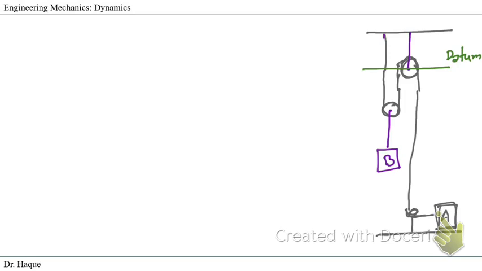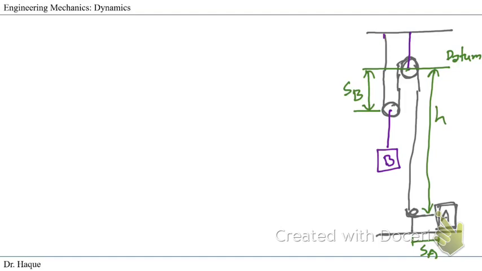All the distances will be measured from this point. So we are assuming this point or this line as our baseline. The distance from this baseline to this pulley, we can say it's SB, and the distance from this datum to the rope here is H, and this distance of the block moving away is SA.